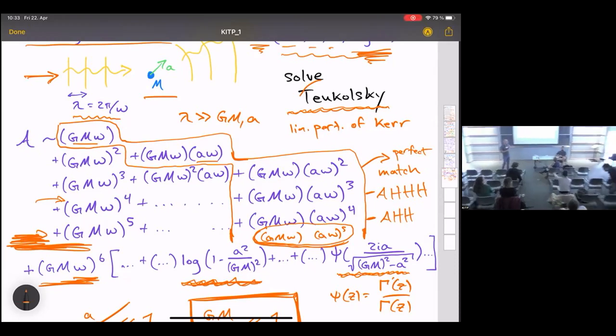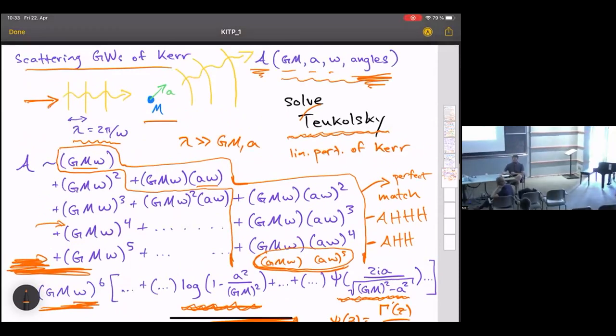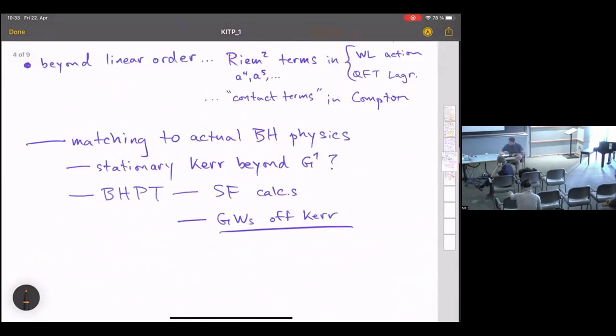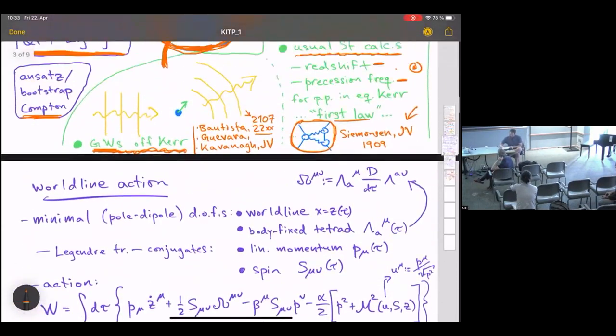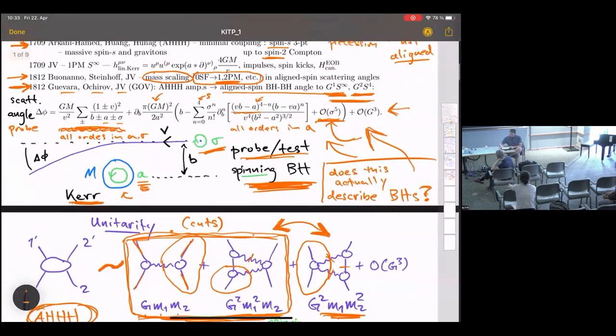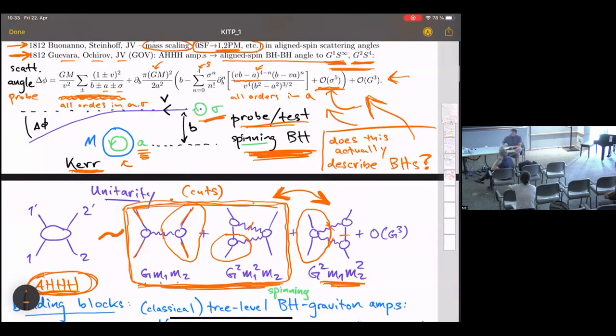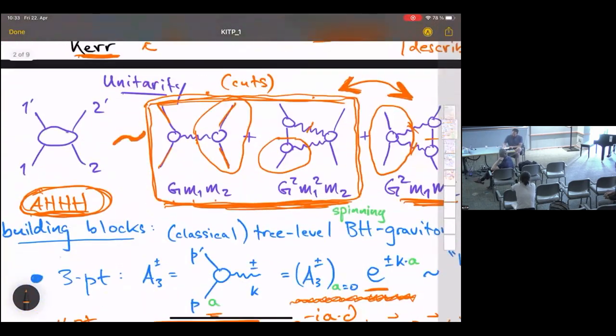Right. So I have a related question to this: how to see the spurious pole can be matched to the amplitude, because I was thinking the physical pole is when B equals A, like in the amplitude story. Is that what you're saying? And then the spurious pole is when vB equals A. So you wanted to look at the pole in the scattering angle formula or in the Compton?